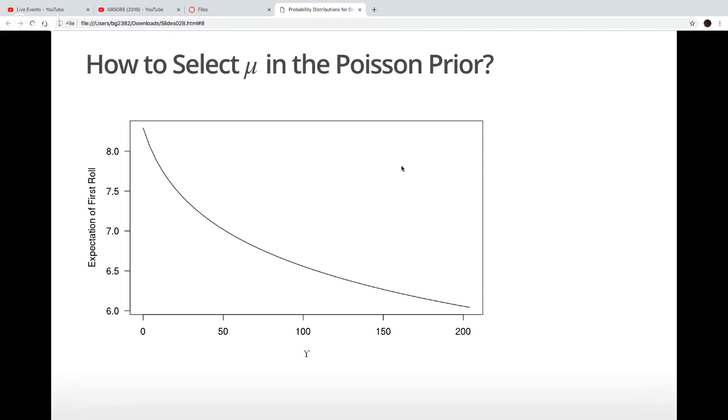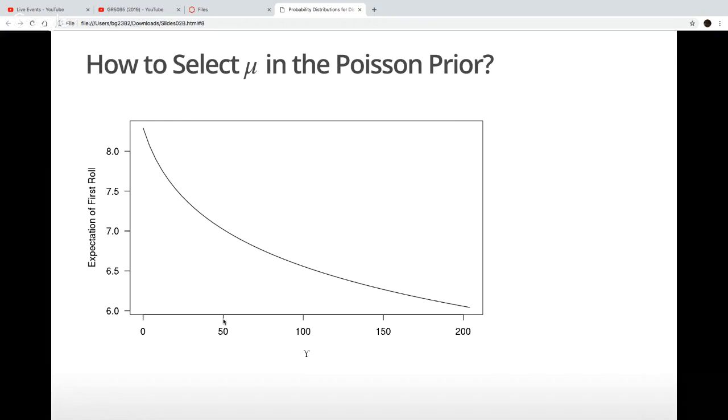And we want to estimate that level of uncoordinatedness for a particular person. Say I think this person is capable of averaging like 7 on their first roll. I just go from 7 over the curve down to 50. That tells me that for somebody like that, I should expect upsilon to be about 50.